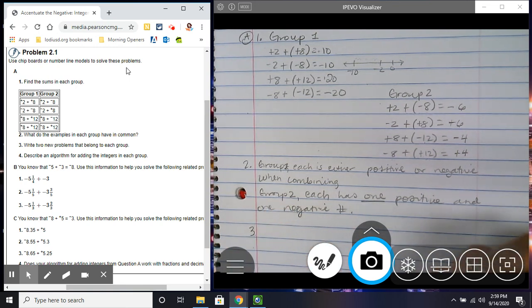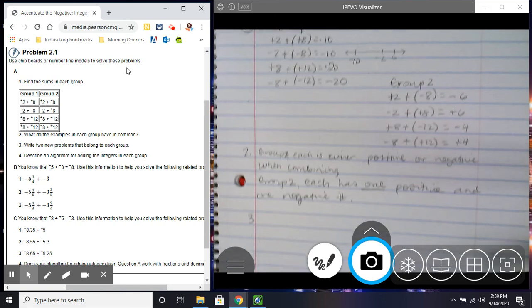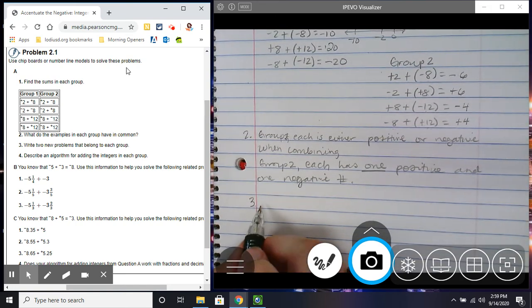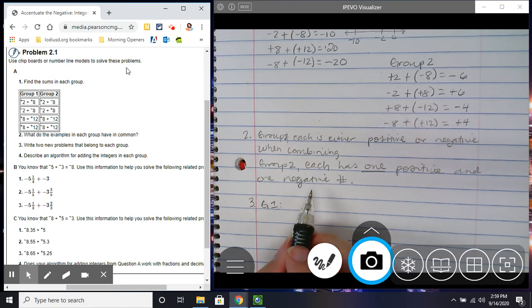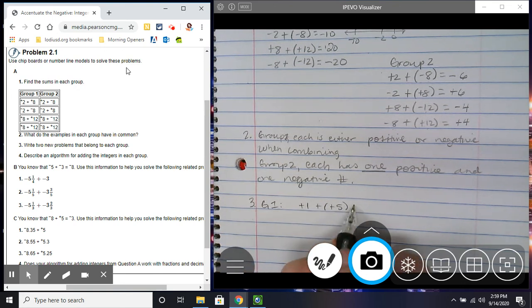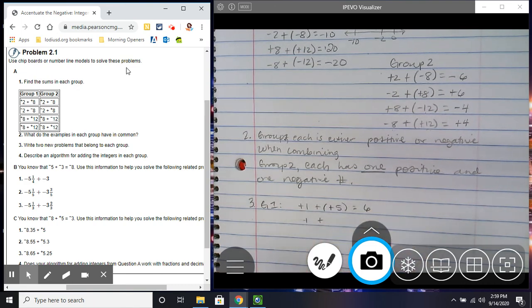Number 3, write 2 new problems that belong to each group. So for group 1, it doesn't really matter, I suppose. It says 2 new problems that belong to each group. So we would do +1 plus +5, let's say, which would be 6. And then -1 plus -5, which would be -6.